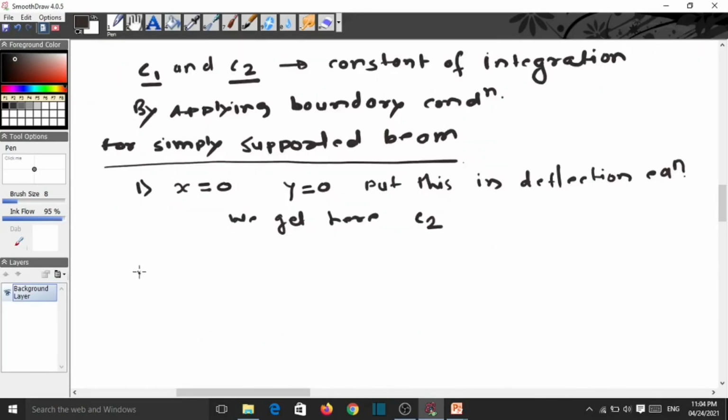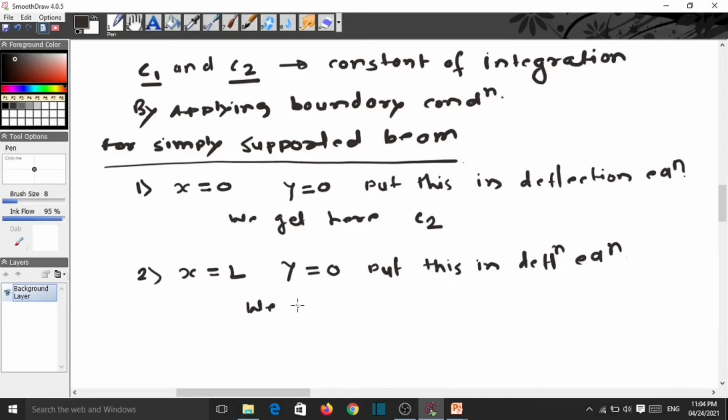Then the second condition, x is equal to L, y is equal to 0. So again put this in the deflection equation, and we get the C1 value.